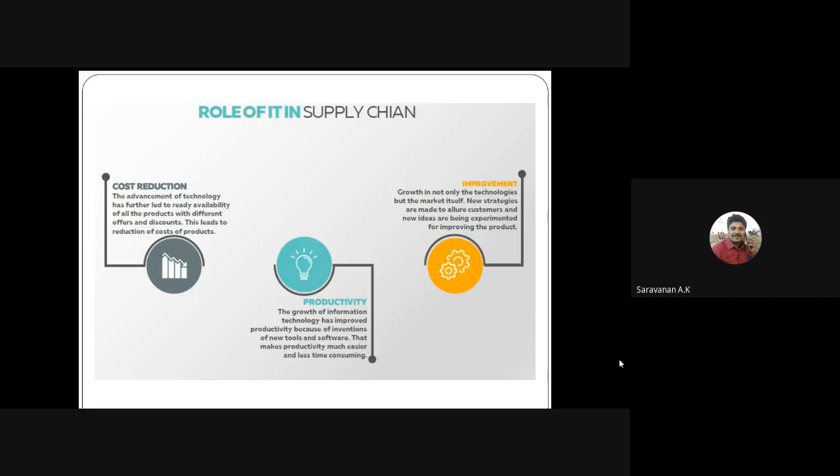Any organization will have these types of management, so information technology will incorporate with all these functional areas.